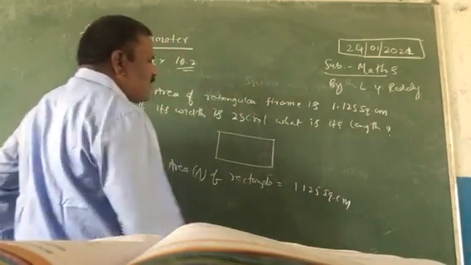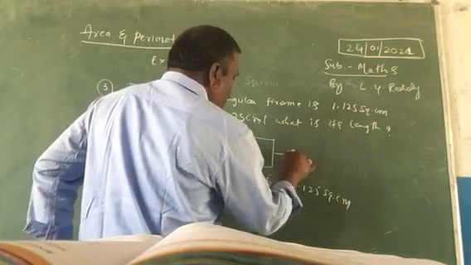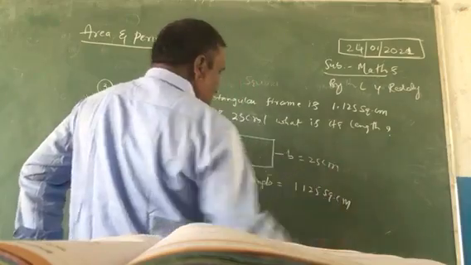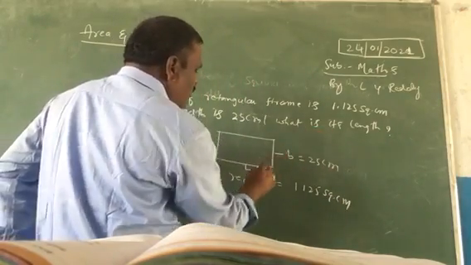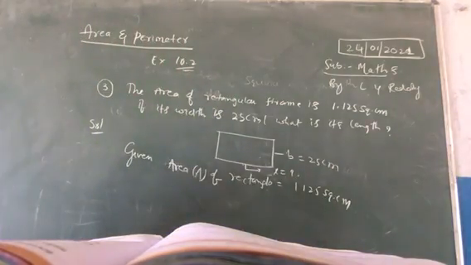Now, width, how much is given? Width, that is breadth, equal to 25 centimeters. Then what is the length? You have to find out the length, children.